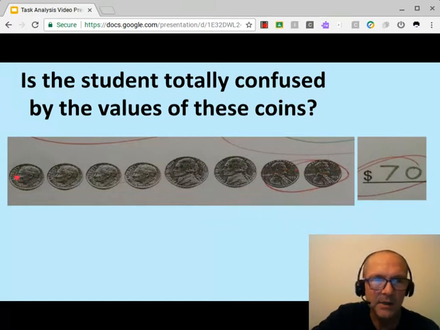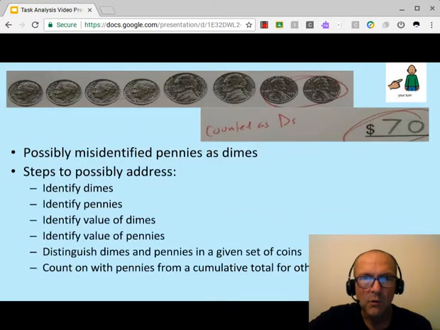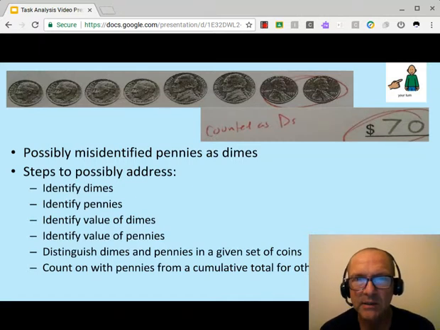Try that again: 10, 20, 30, 40, and then the pennies are dimes, 50, 60, and then he did the nickels, 65, 70. So it appears he counted the pennies as dimes.